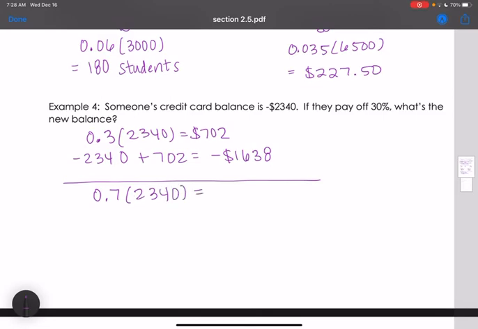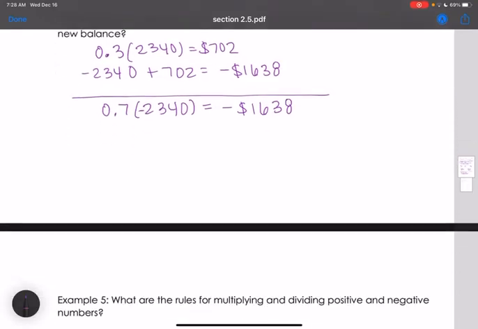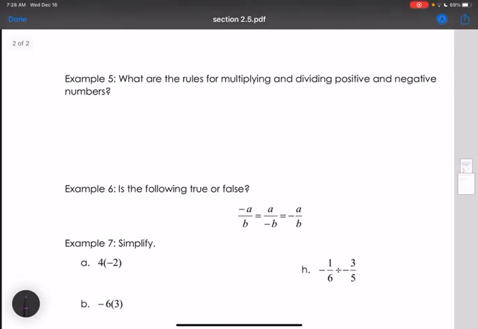And I'm going to stick negative here just so that you remember that it is a negative. So 0.7 times that negative 2340, you would also still get that negative 1638. So it's kind of fun to see. You can do 30% and subtract from the total the first way, or just realize, well, if they paid off 30, all they have left is 70. So 70% of what they had left gives you that same answer of the 1638. All right, go ahead and turn the page.